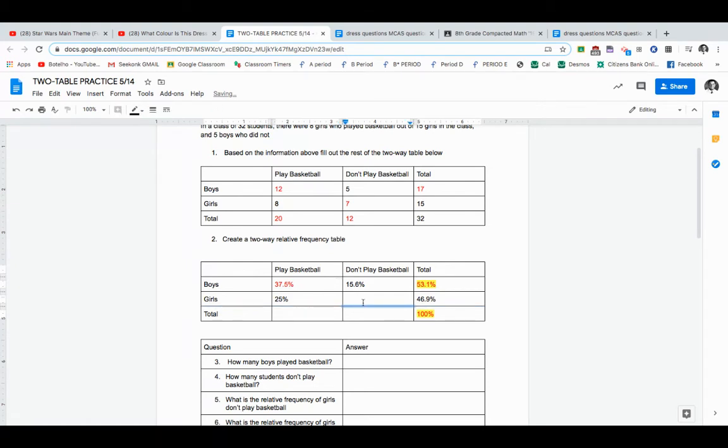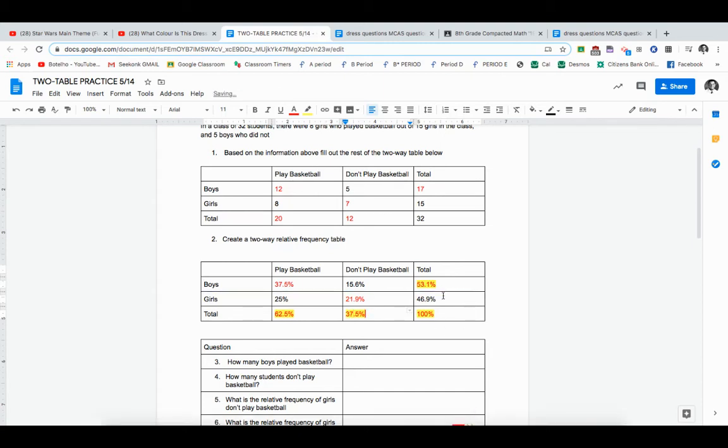The other numbers here, 12 divided by 32, if you did this right, was 37.5%. Here, 7 divided by 32 came out to 21.9%. Then when you add these two numbers together, it comes out to 62.5%, and these two numbers add up to 37.5%.